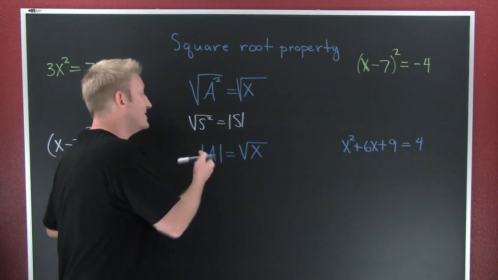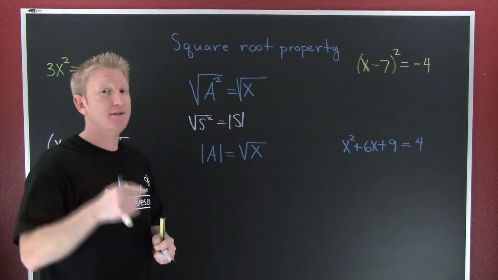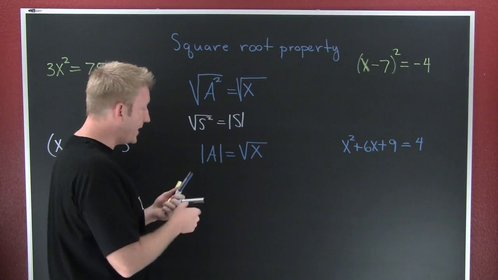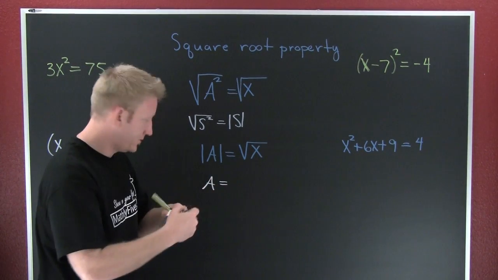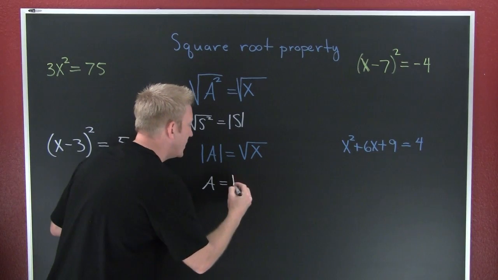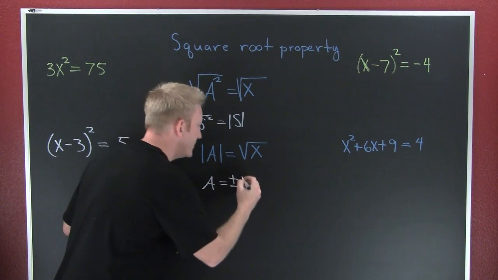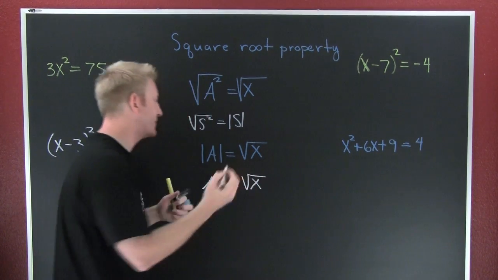To capture all that without the absolute value, we can rewrite this as A is equal to plus or minus the square root of X.